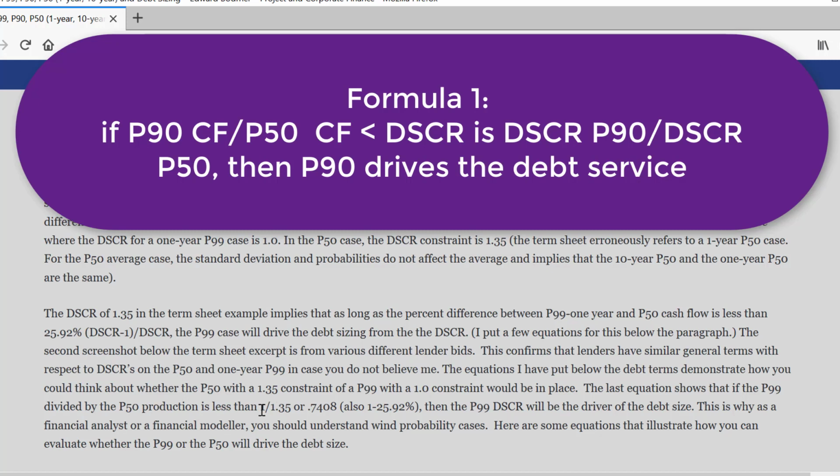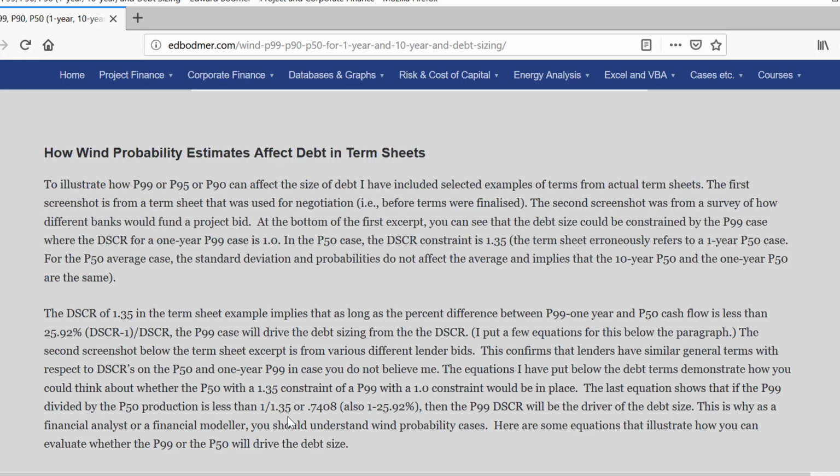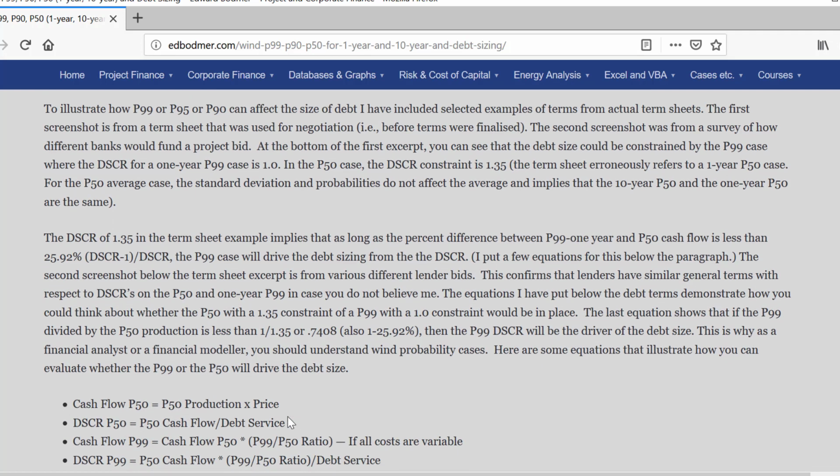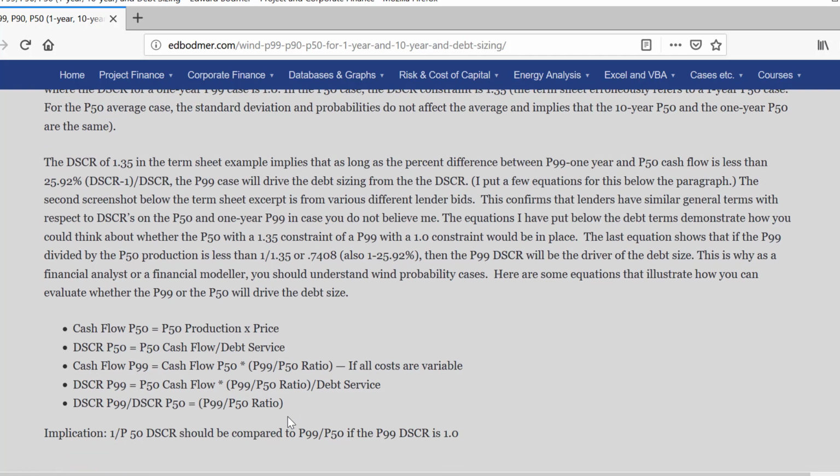I'm sorry, I do, I'm admitting it. But if you take 1 divided by 1.35, that's the percent difference between the cash flow in the P99 and the P50 case. If the cash flow ratio is less than 0.74, then the P99 or the P90 case, whatever it is, will size the debt.